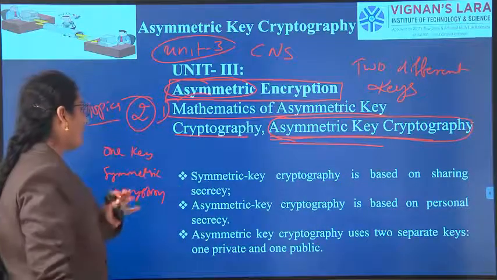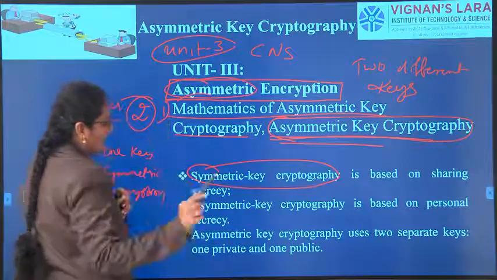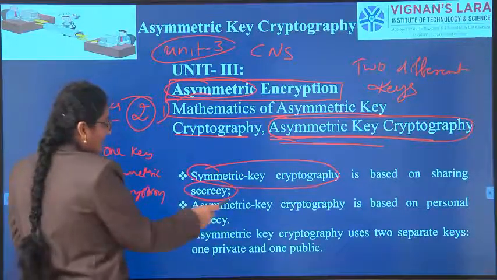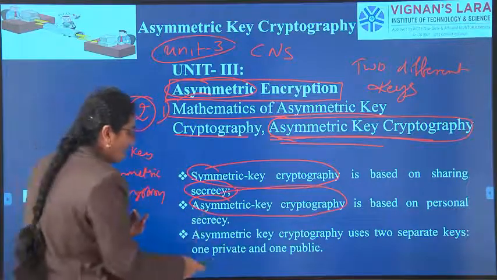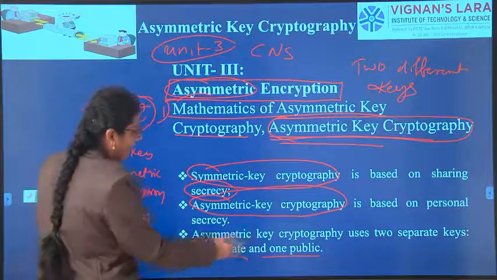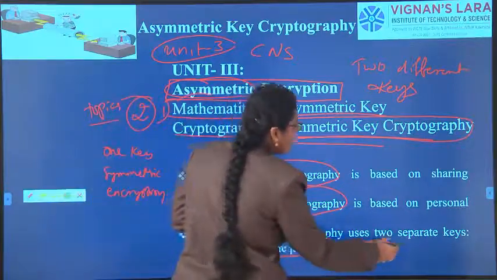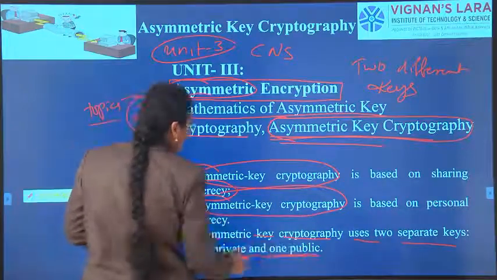Basically, symmetric key cryptography is based on only one key, that is the secret key. Asymmetric key cryptography is based on personal secrecy. Here we are using two keys, private key and public key. Asymmetric key cryptography uses two separate keys. What are the two separate keys? Private key and public key.